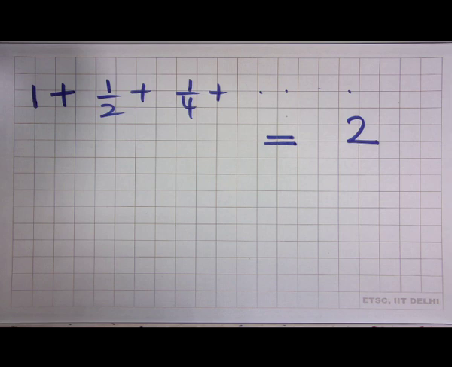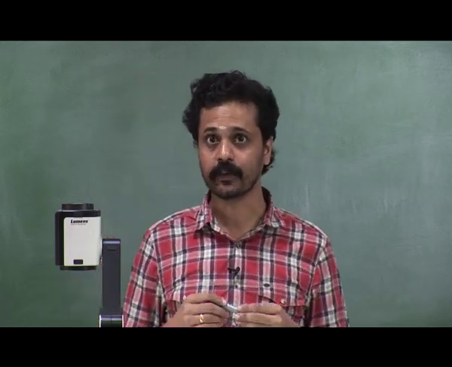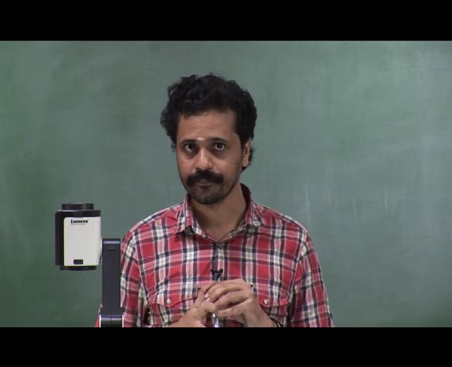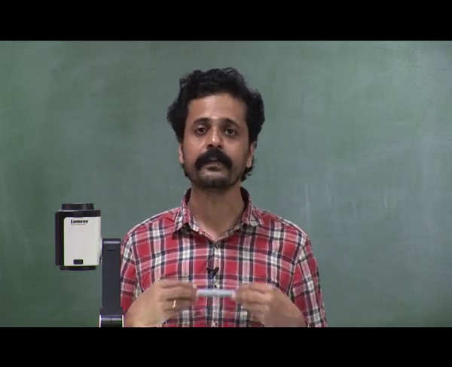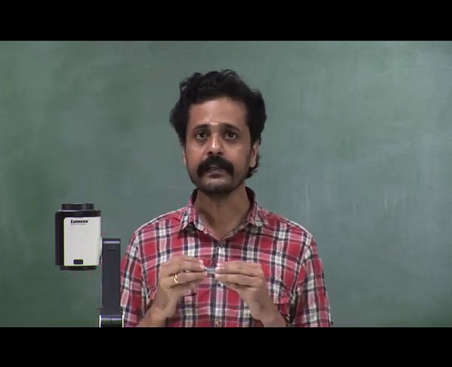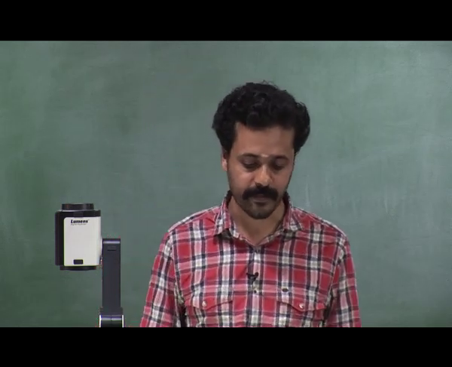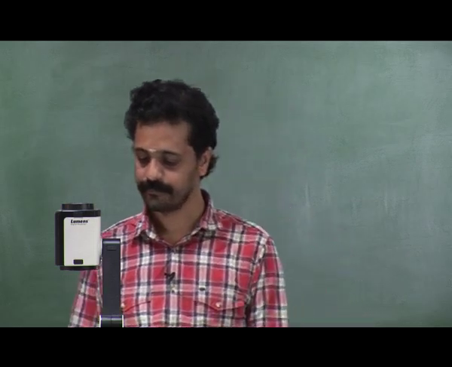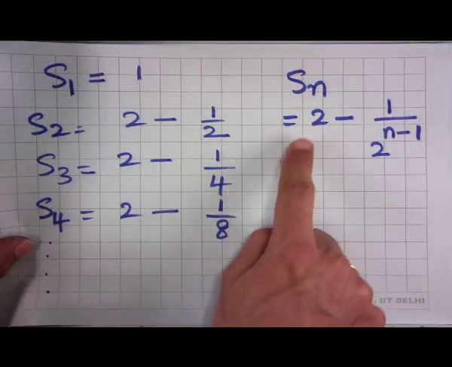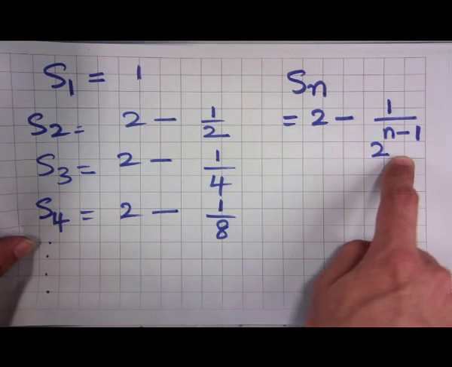Thus, in this example, for a given series, we constructed the sequence of partial sums. We observed a pattern. We could write the nth term of the sequence of partial sums in terms of n: Sn is equal to 2 minus 1 by 2 power n minus 1.